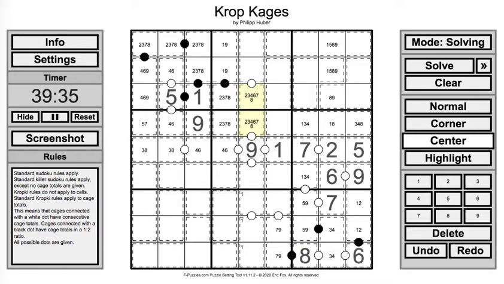And maybe I can already remove one of those, but I can't see it right now because these two cells are the same, so they don't see anything here.